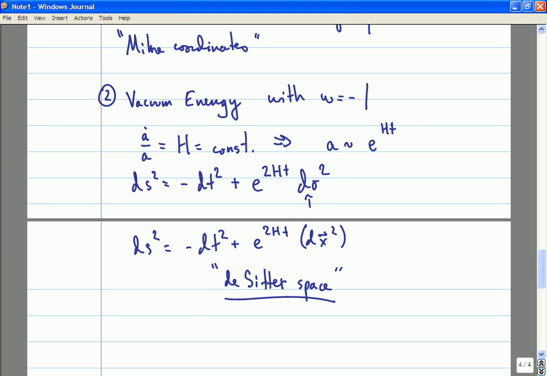And so if there is a vacuum energy present in the dynamics of the universe, that has a very profound effect on the late-time behavior of our universe. It means that space will end up expanding exponentially at late times rather than in a power law way.